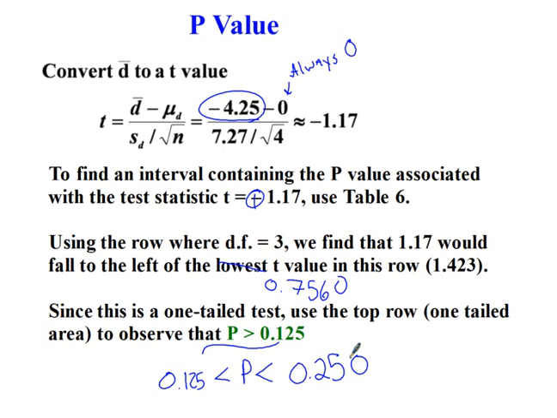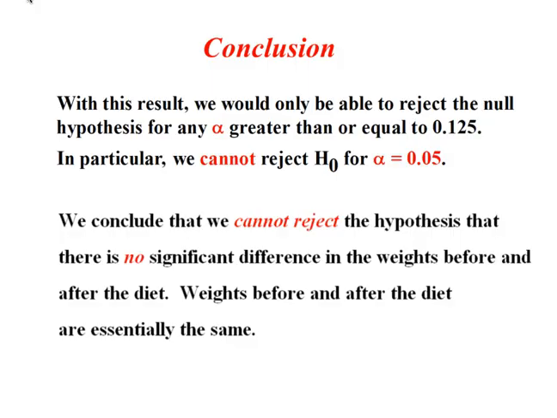So I'm going to have to adjust my probabilities here when I'm doing my comparison. I'm going to compare that to 5%, right? So I've got my p-value of 0.250 and 0.0125. Okay, there's my alpha.